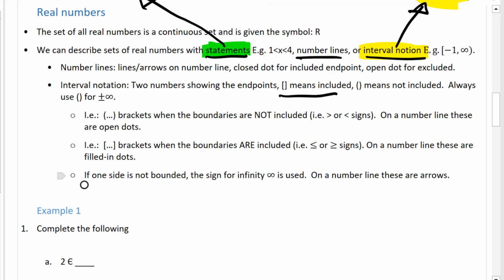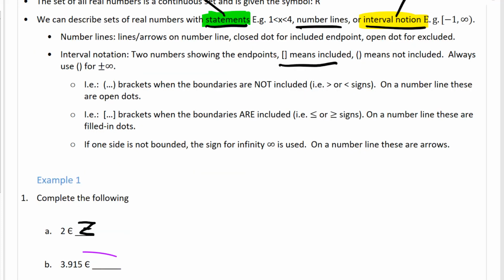So what did I say 2 was an element of? That's what that symbol means. It's an integer. It's also real. So you can write either. So is it whole? No. Is it rational? So we can express it as a fraction.